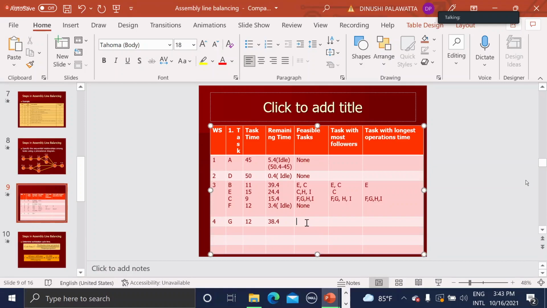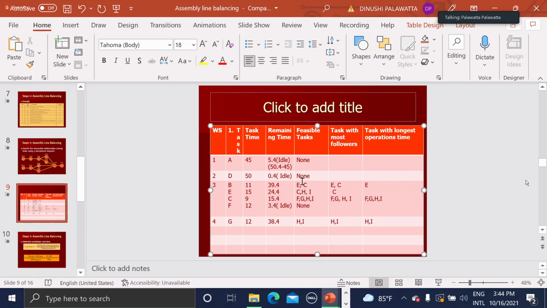Feasible are H and I, and the most followers are the same, and the operation time is also the same.